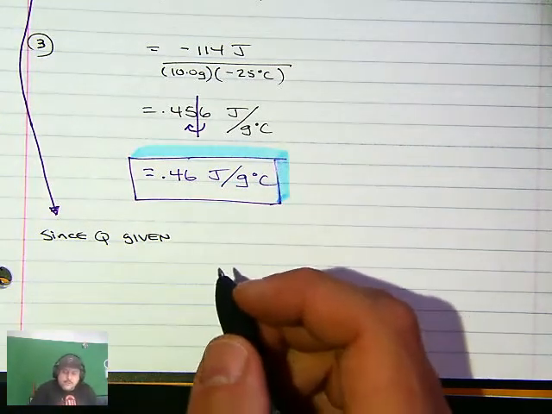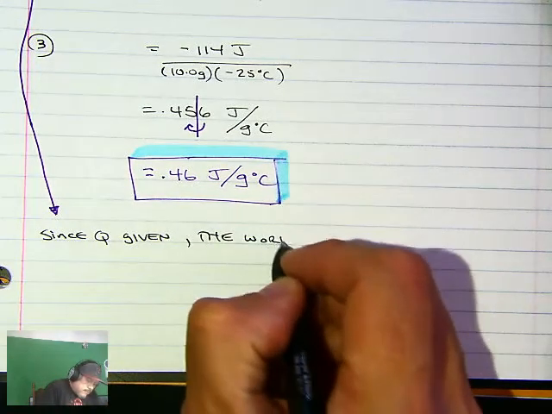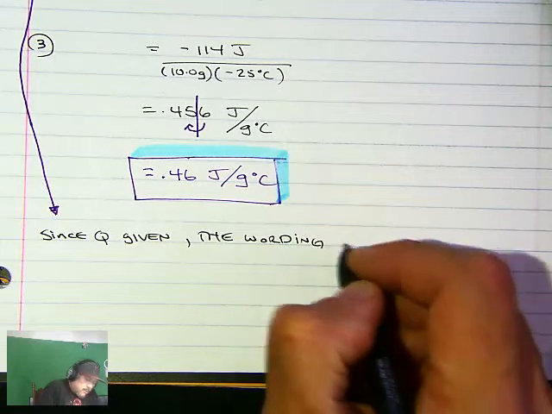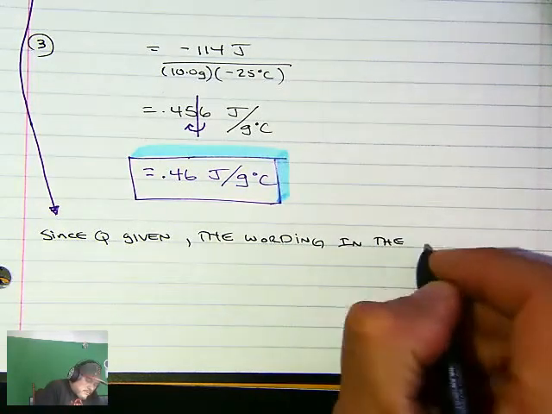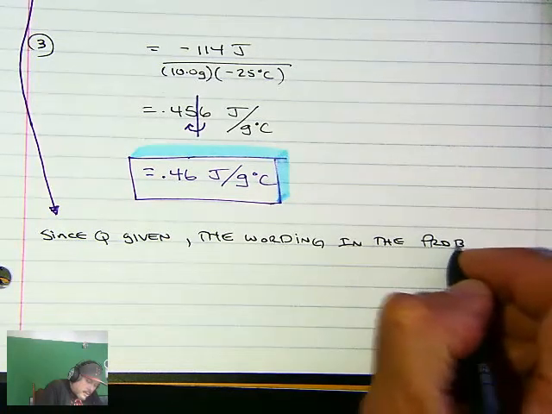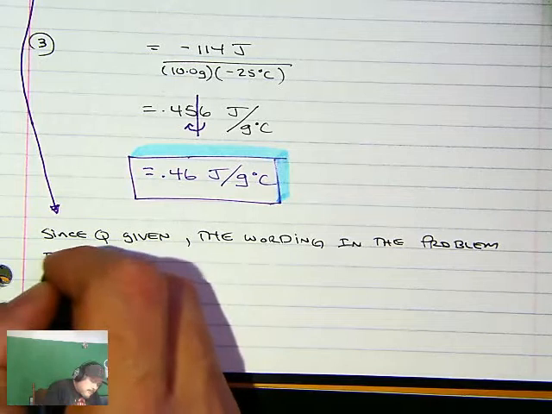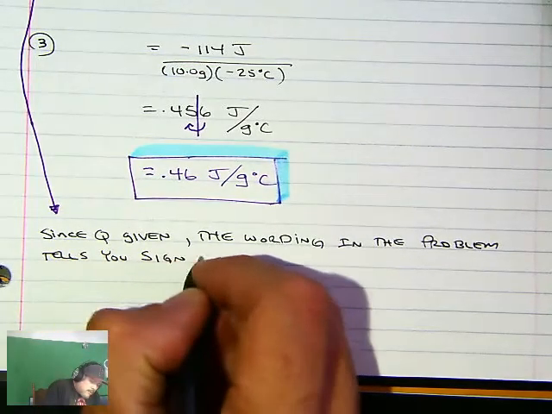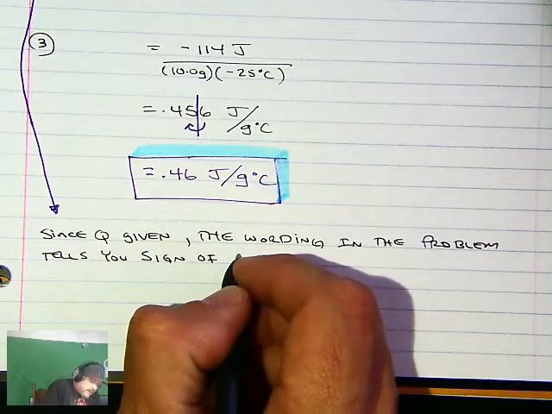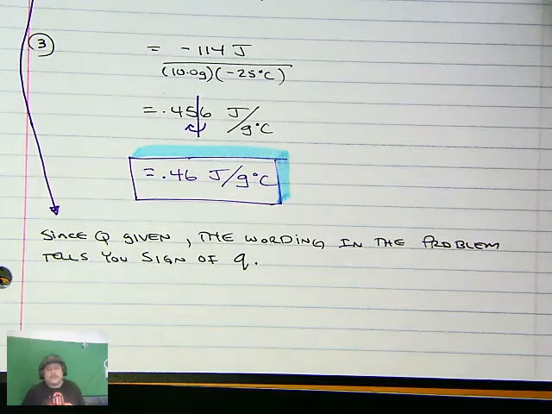Since the Q is given, the wording in the problem tells you the sign of Q. I want to make sure I say this right to you guys. The wording in the problem tells you the sign of Q.